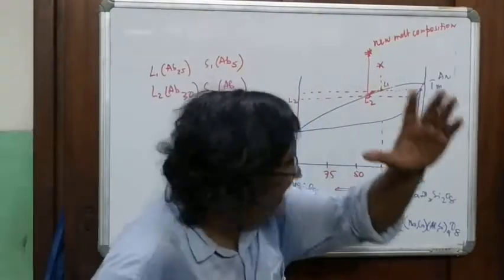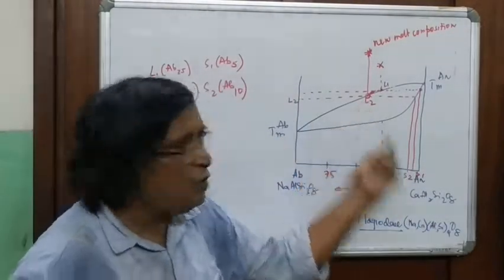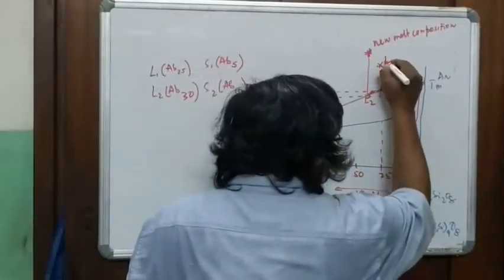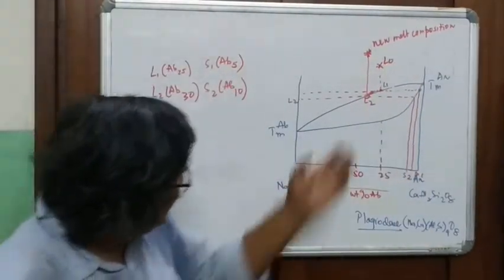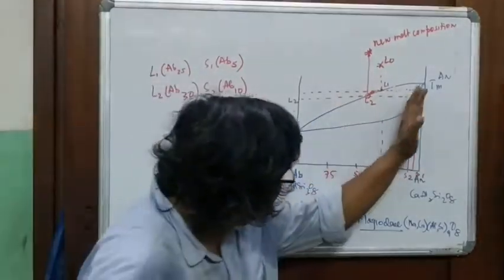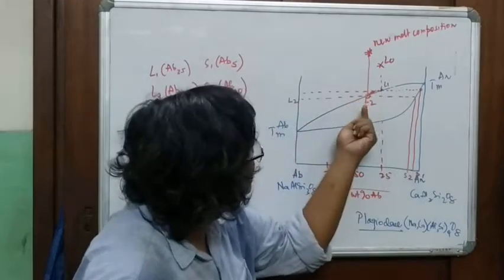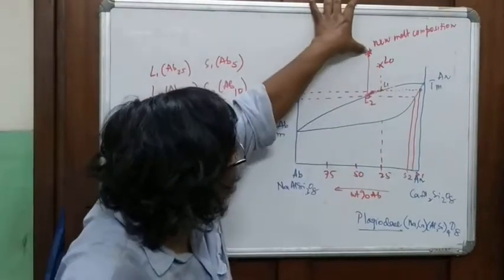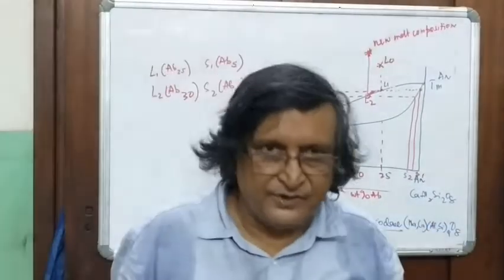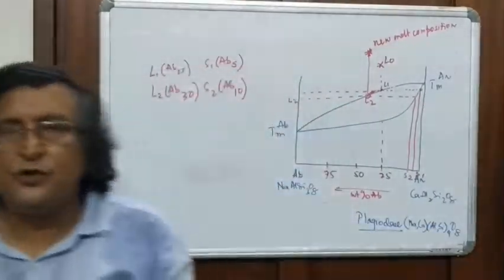If you remove the S2, then L2, which corresponds to the old L0 composition, remember this one was L0, the initial composition of the magma, and you separate S2 out of it, then the new composition of the magma becomes this. L2 now becomes the new magma composition. And you can ask me, so what?